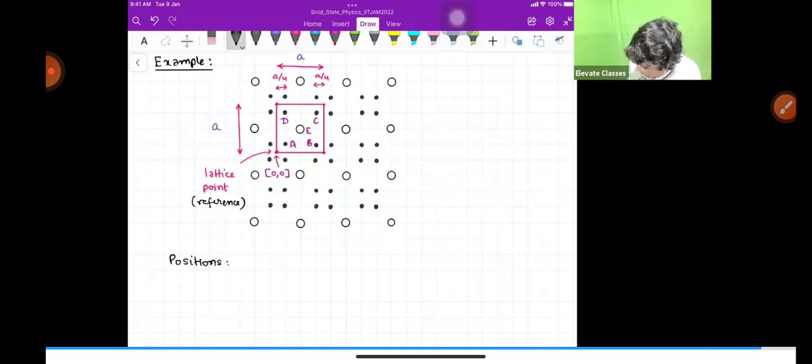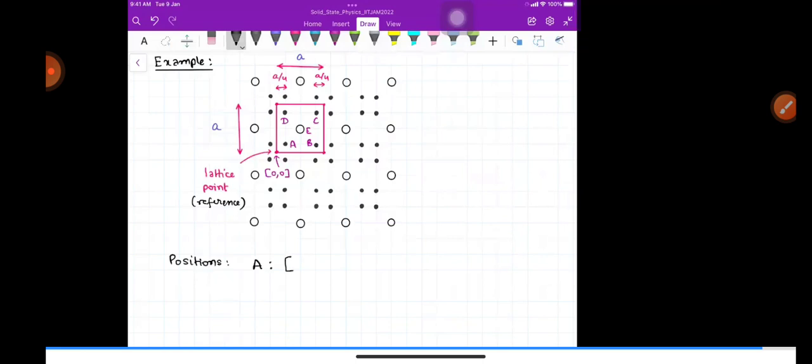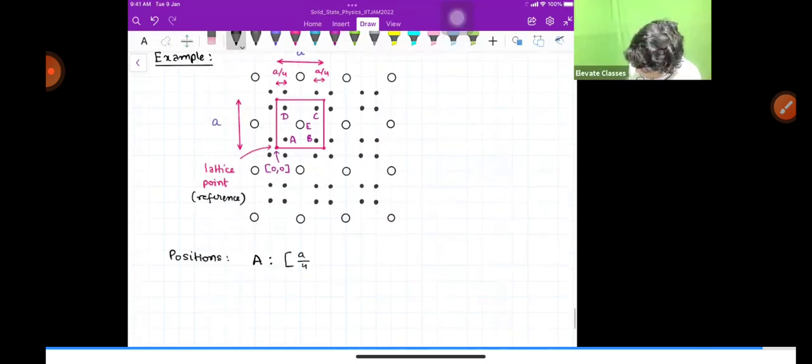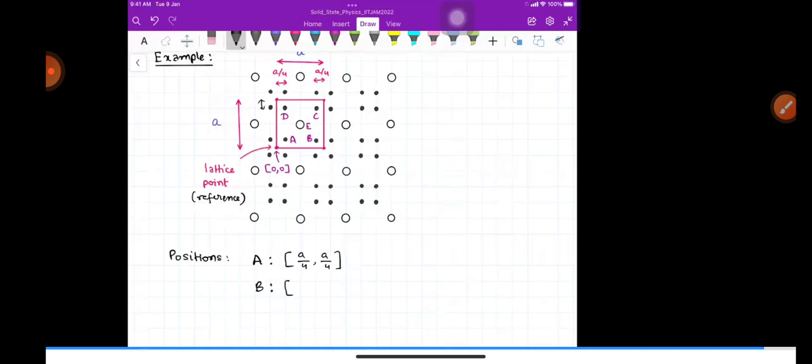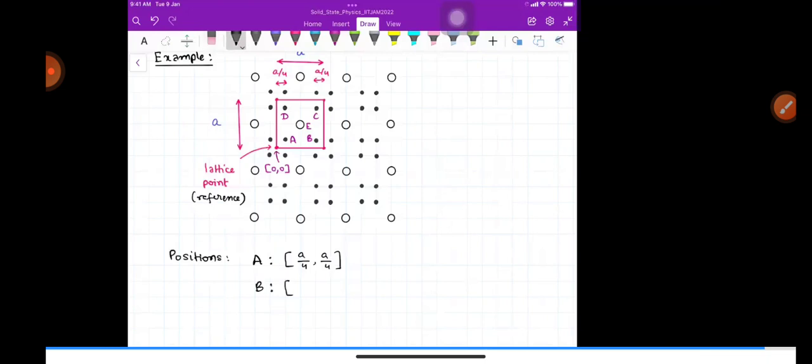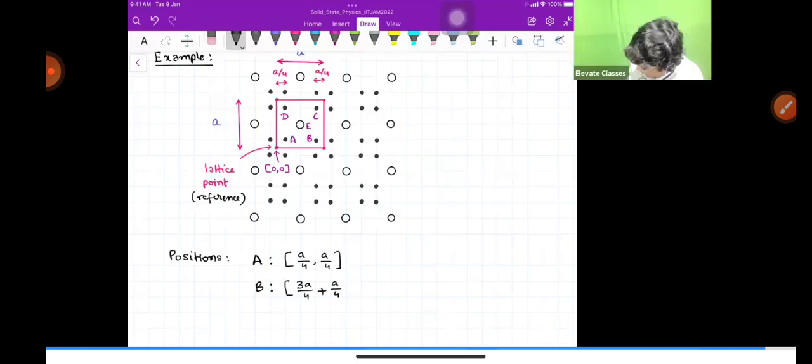Positions like A. What are the coordinates of A? A by 4, comma A by 4. Yeah. So A by 4, comma A by 4, right? What is the position of B? B क्या होगा? 3A by 4, हाँ, 3A by 4 plus A by 4. ठीक है?